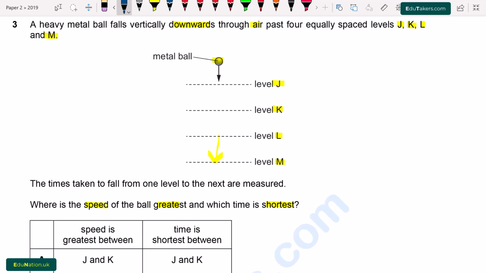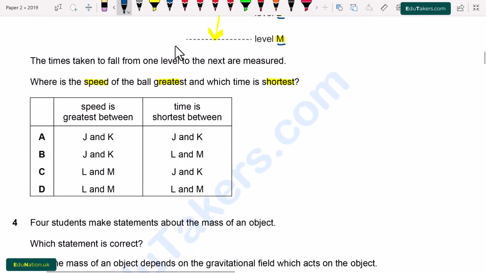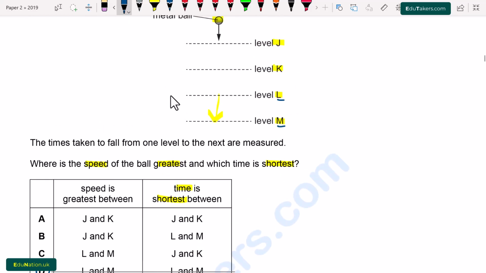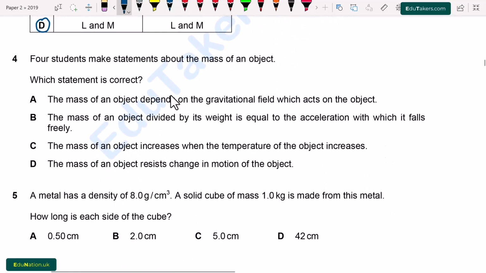So from level L to M, the time is shortest and the speed is greatest. From here, option D is correct, which shows that speed is greatest between levels L and M, and also the time is shortest between levels L and M. So D is correct.